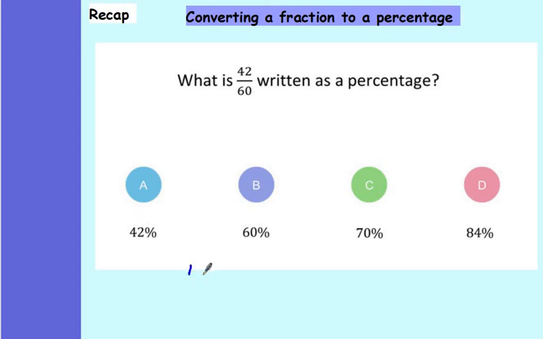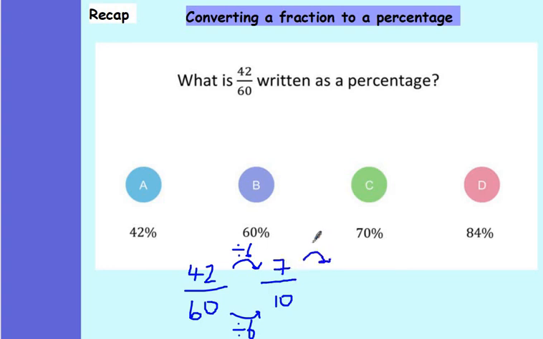Right, let's work it out. 42 over 60, I want to make it look like something out of 100. So the first thing I'm going to do is divide top and bottom by 6, which gives me 7 out of 10, which if I times by 10, gives me 70 out of 100, which is 70%.